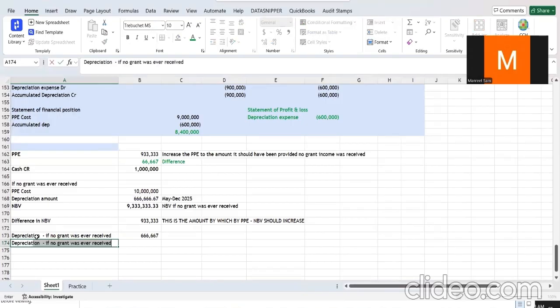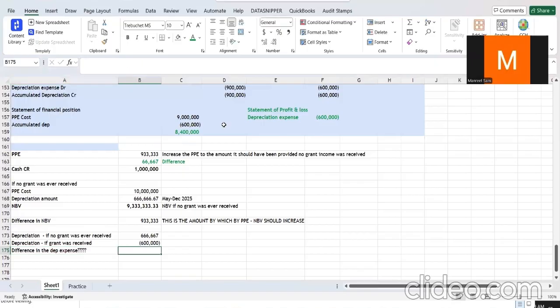But depreciation, if grant was received, is how much? Is this much, right? And what is the difference in the depreciation expense? It's this minus this. Oops, guys, sorry, I just keep messing up the plus minus signs.